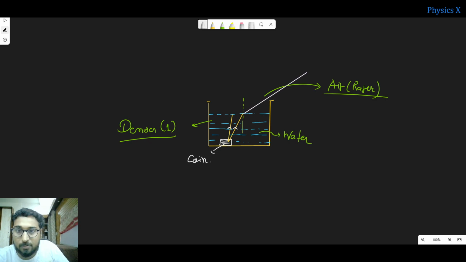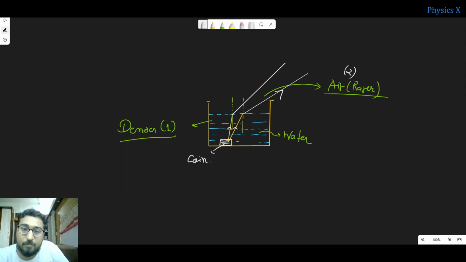And this is your refracted ray, this white colored one. Similarly, this is your normal, and if I draw the refracted ray in this case, again this is the denser medium and the second medium is here, which is the rarer medium. Again, it will bend away from the normal, like this.